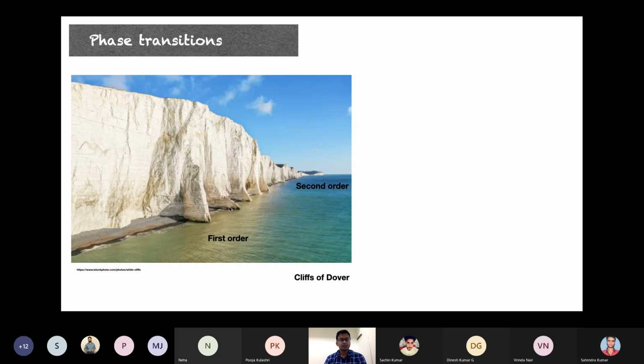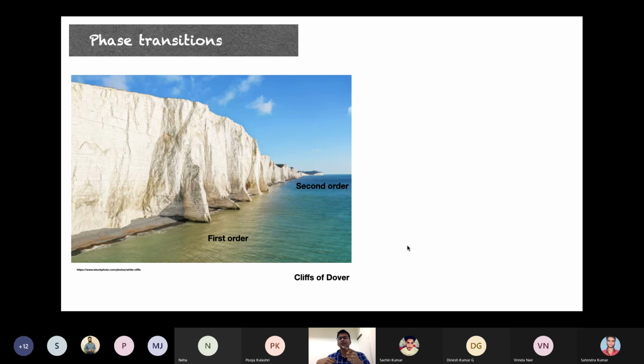Now, does anyone know this picture? Are you familiar with it? Have you seen it anywhere? Okay, so it's in England, on the southeastern coast, where there is a channel.